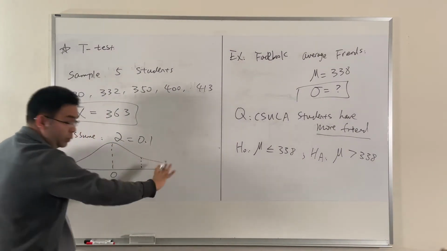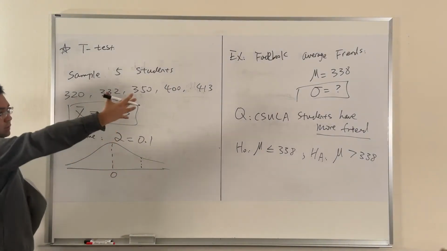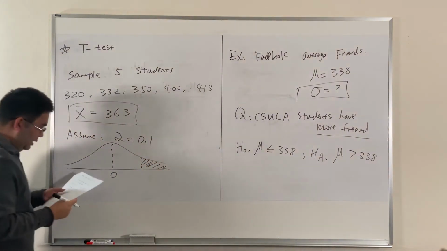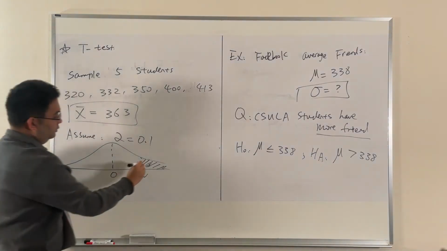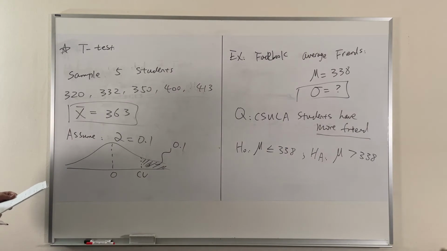We want to test the right hand side because what makes the difference is when they have more friends than the average friends. So we're looking at the right hand side and we need this critical value, and the area here is 0.1. Okay, so let's see, do we want to do it? Yes.